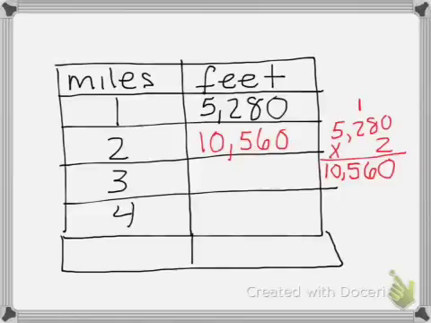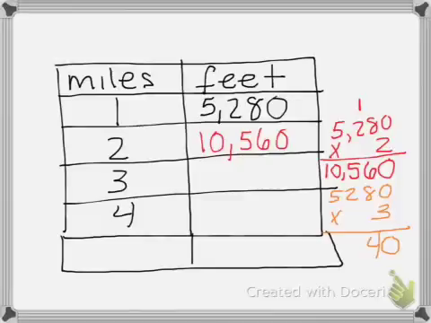Now, let's do 3. I'm going to change my color to orange, so now I need to do 3 times 5,280. So again, 5,280 times 3. I didn't leave myself enough space. That's okay. 0 times 3 is 0. 3 times 8 tens is 24.